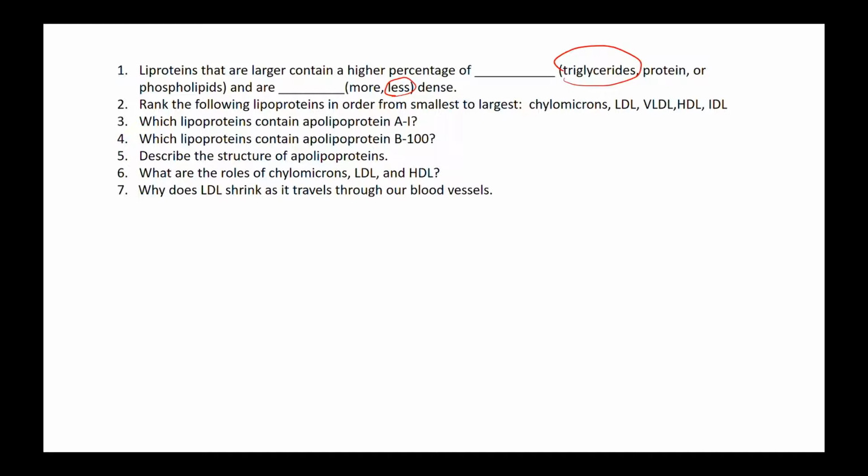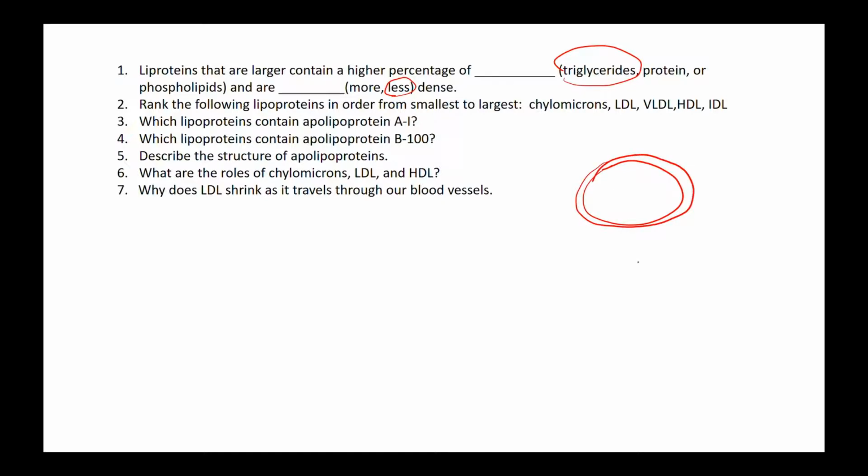All right. So the way to think about this, if you're getting a little confused or maybe just don't want to have to outright memorize everything: they're always going to have protein, they're always going to have phospholipids, and the protein and phospholipids basically make the outside structure of the lipoprotein.